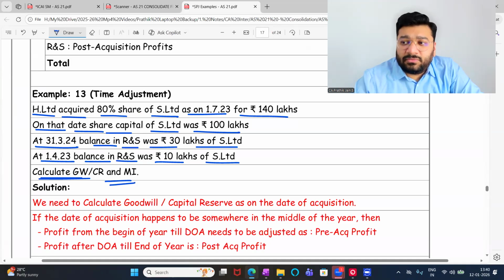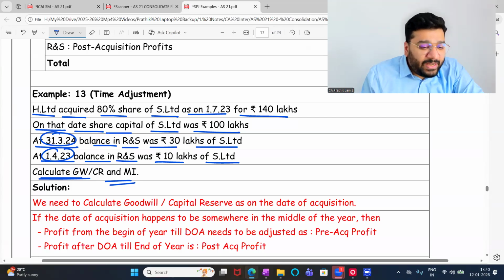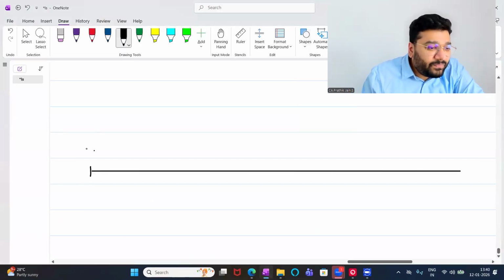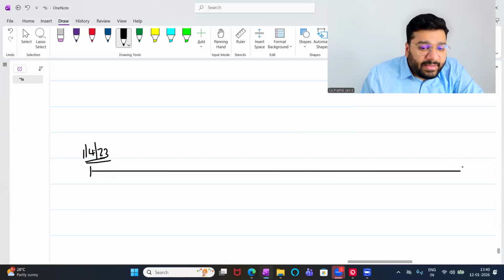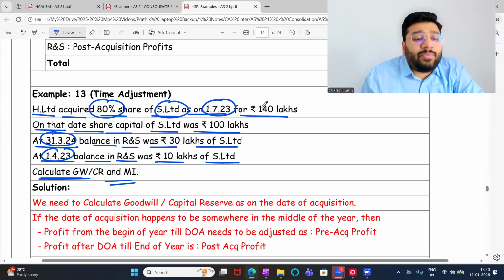It is April to March. April to March begins with 1/4/23, ends with 31/3/24.